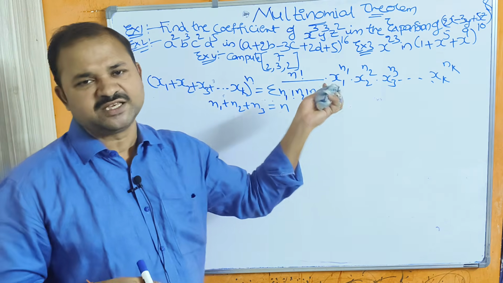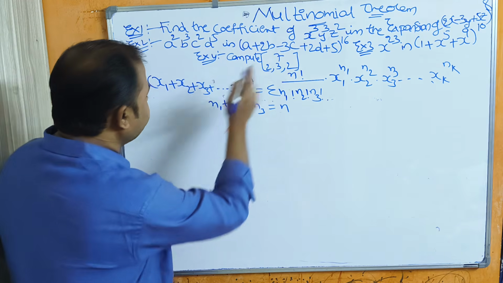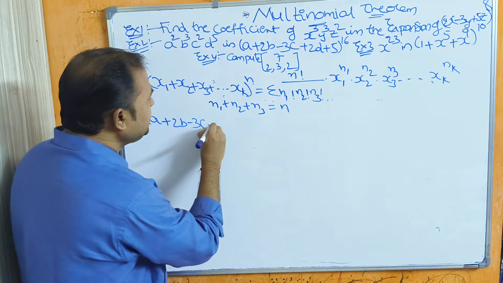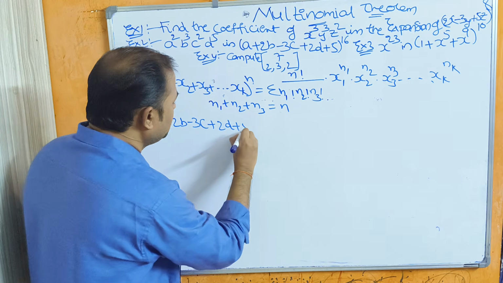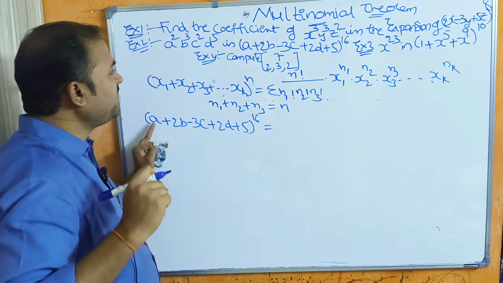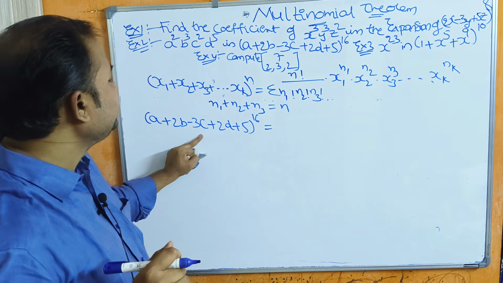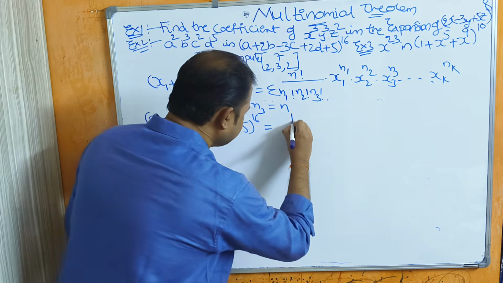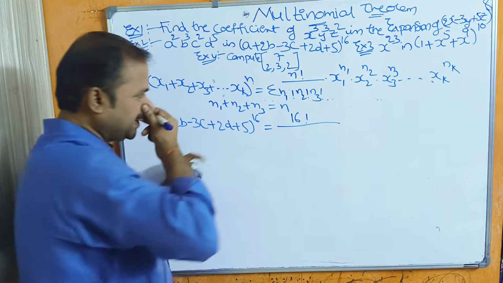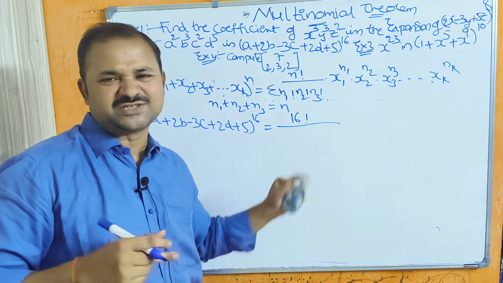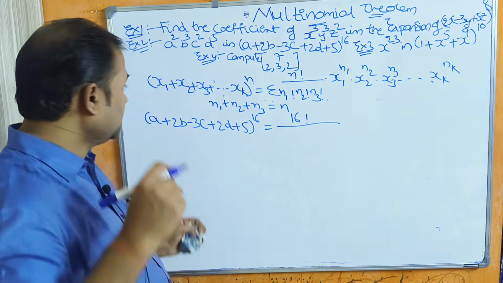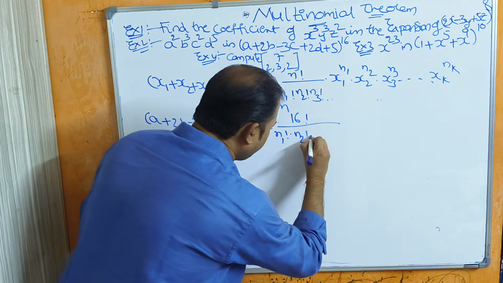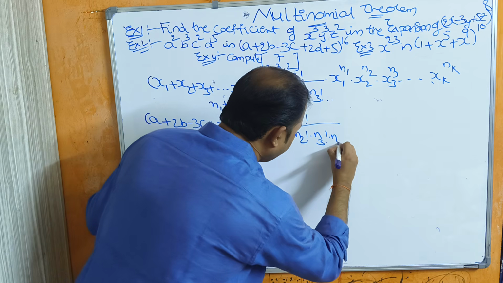Okay, so let us solve this problem. Here the expansion is a plus 2b minus 3c plus 2d plus 5 whole power 16. What is the n value? 16. So 16 factorial by, in the expansion there is no need of writing the sigma. We don't know what n1 is, so we have to write n1 factorial into n2 factorial into n3 factorial into n4 factorial.